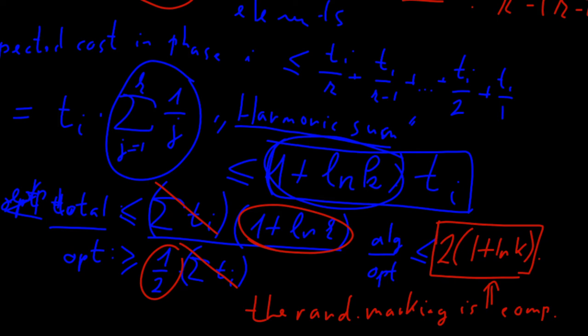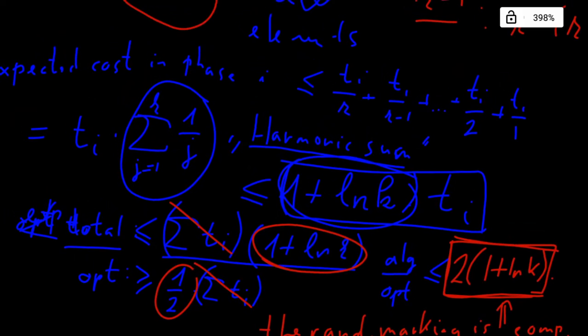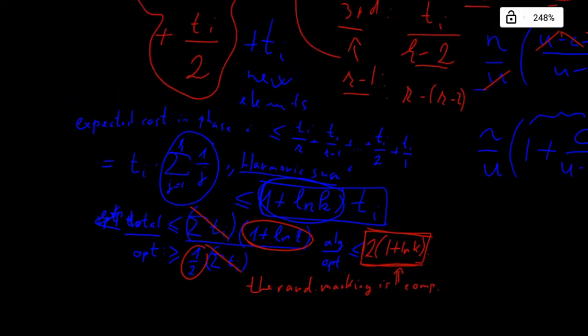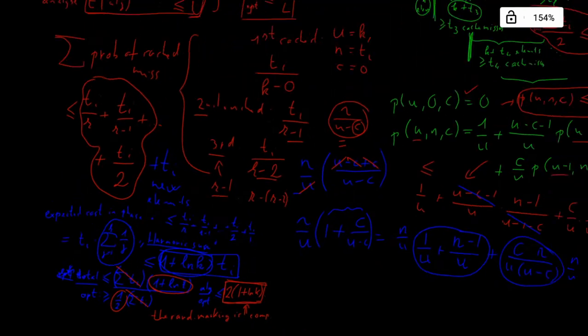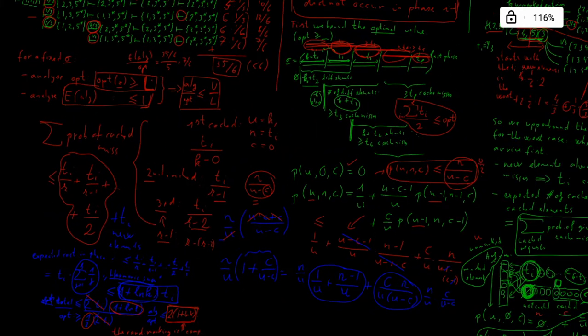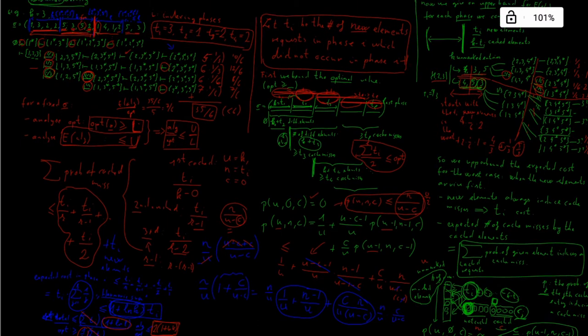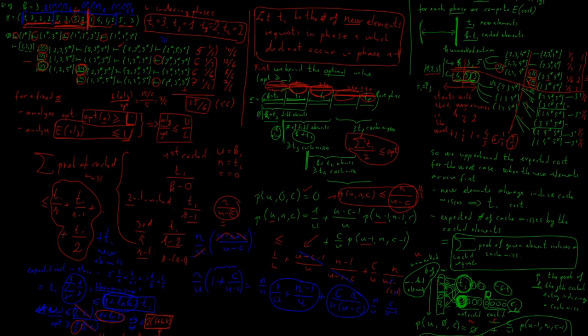So this means that by using randomization we can improve the competitive ratio very much. In general, this is just ln k competitive, which can make a huge difference if I have a cache capable of storing, say, 1 million entries. If k is 1 million, it's a huge difference to pay 1 million times more than the optimum, or just the logarithm of that, twice.